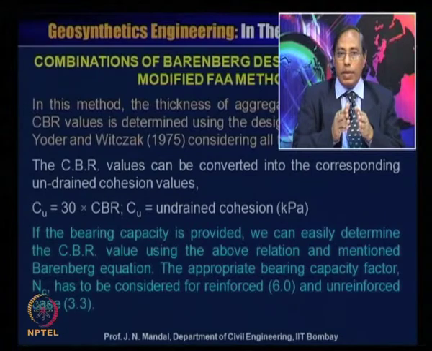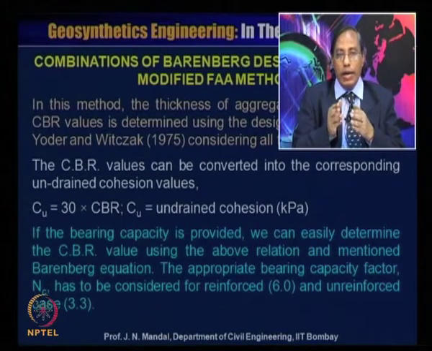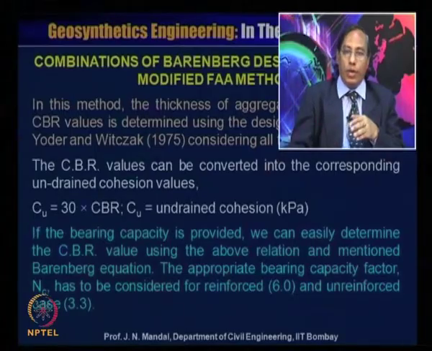If the bearing capacity is provided, we can easily determine the CBR values using the above relation and the Barenberg equation. The appropriate bearing capacity factor Nc has to be considered: for the reinforced case it is 6.0, and for the unreinforced case it is 3.3.